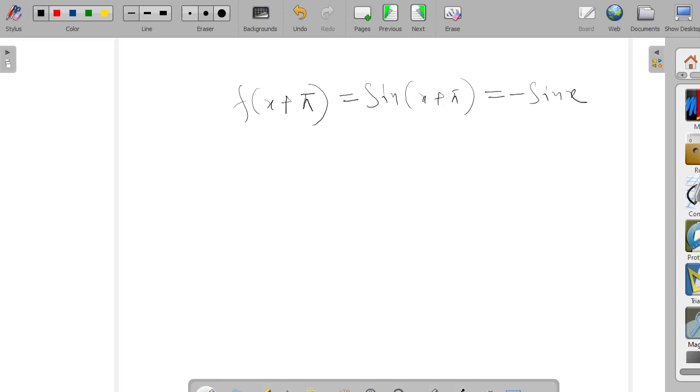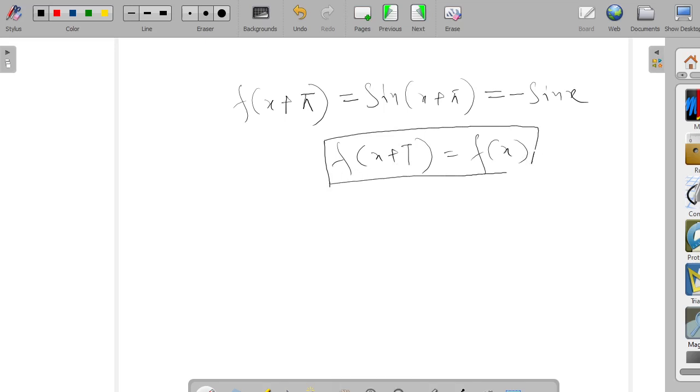So it doesn't satisfy the equation f of x plus t equals f of x, where t is added to the argument and we get the same function once again.